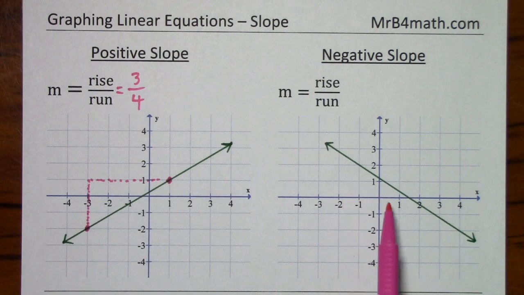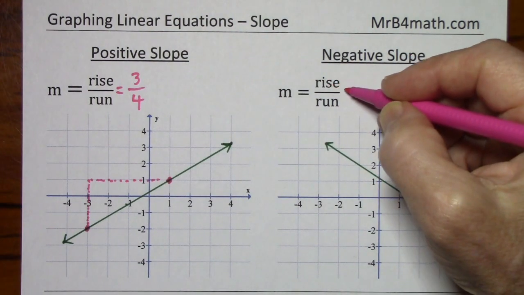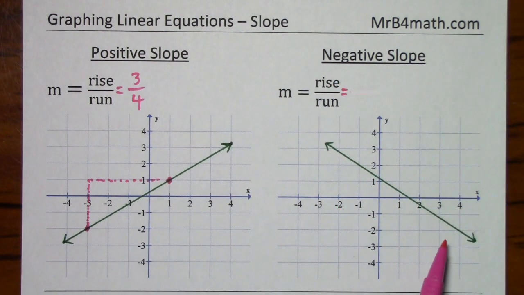Now this line goes downhill from left to right. It has a negative slope. Remember, slope is rise over run. So we need 2 distinct points. This is a very clearly identifiable point. That's 4, -2.